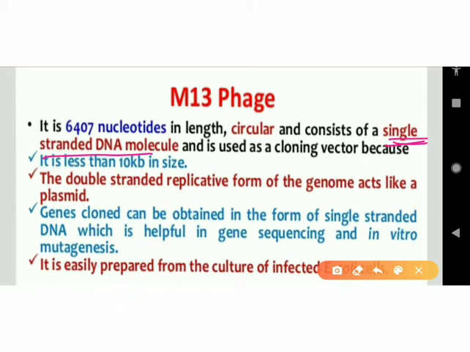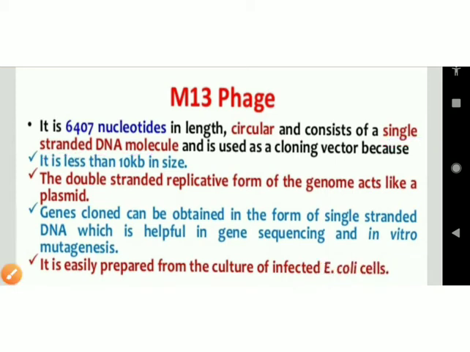The double-stranded replicative form of the genome acts like a plasmid. A gene clone can be obtained as single-stranded DNA, which is helpful in gene sequencing and in vitro mutagenesis.